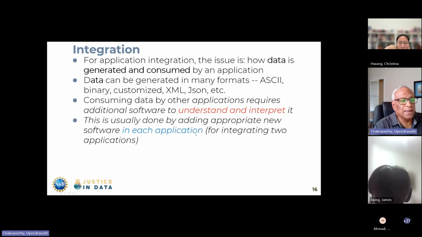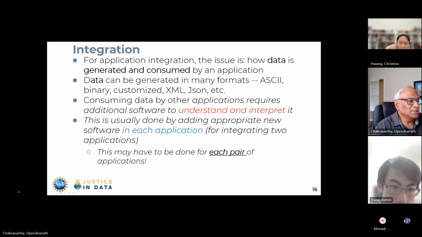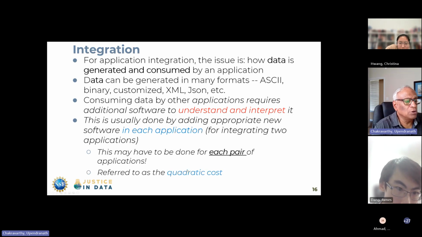This is usually done by adding appropriate new software in each application, which is an expensive process. And if the source decides to change their format a little bit, you have to redo the application again. So this may have to be done for each pair of applications. So this is a quadratic cost. This cost increases quadratically as the number of applications increases.